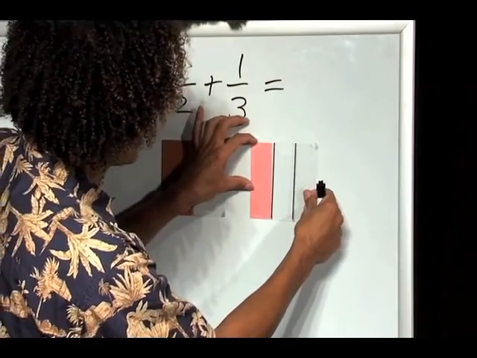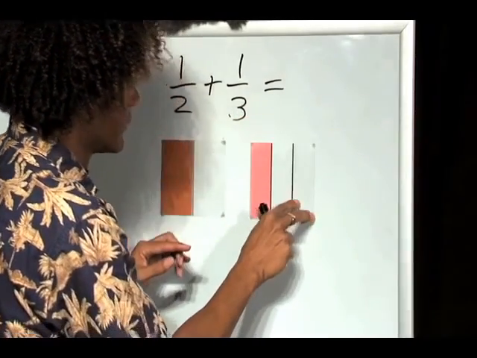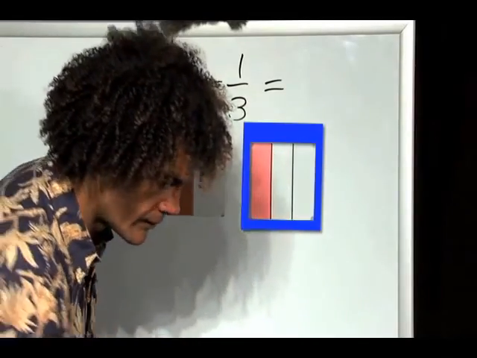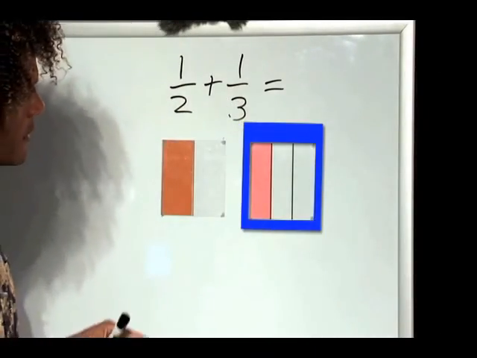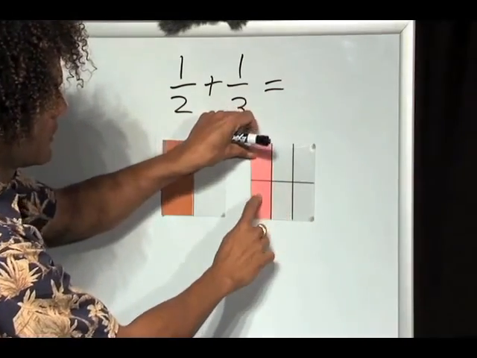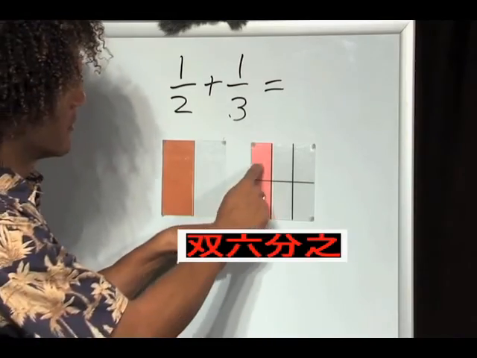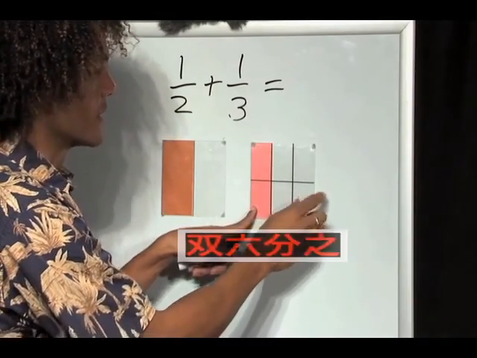Here is 1/3. We can do the same with 1/3. 1/3 is the same thing as 2 of 6. 1, 2 of 1, 2, 3, 4, 5, 6.